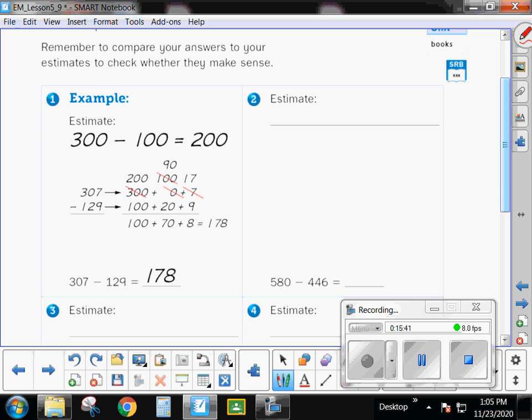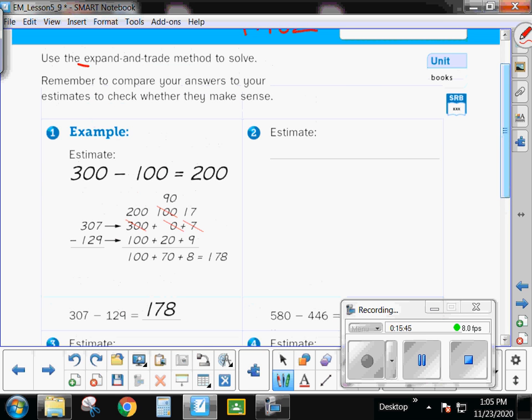It's 3-digit subtraction. Now they say to use the expand and trade strategy to solve it, but by this time in the year we've learned several different subtraction strategies. You can choose the strategy that works best for you. Okay, so if expand and trade is a strategy you like, use it. If this isn't your favorite strategy, then don't use it. Use whatever strategy works for you.